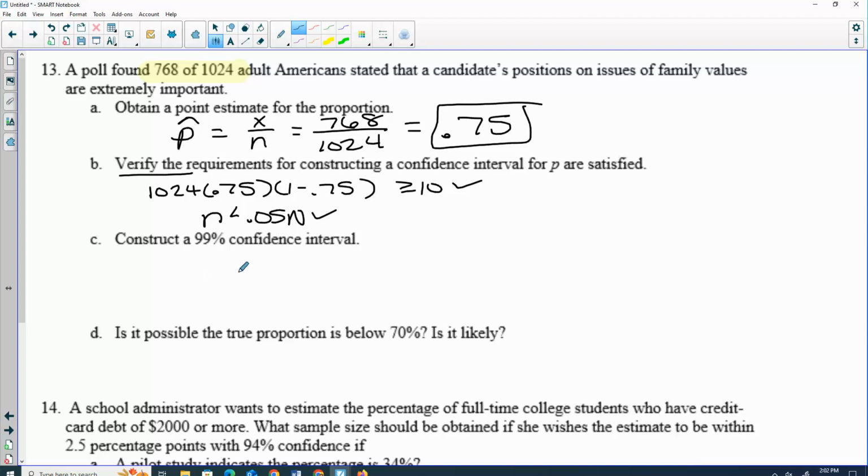So construct a 99% confidence interval. We can do it by hand, but we can do it on the test or on the calculator. Stat, test. We're talking about P hat, so that is letter A. So my X is what?